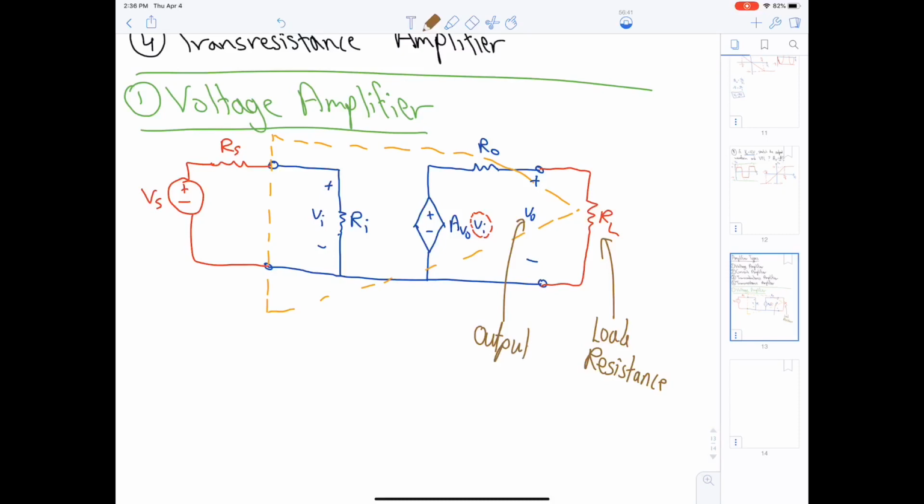Because sometimes in the exam, the instructor does not place the actual numbers on the circuit itself. He gives you the question as a paragraph. He says, for example, the output resistance is 5 kilo ohm. So we need to understand what the output resistance is. So here it's the output voltage, and RO, as you have guessed, is the output resistance.